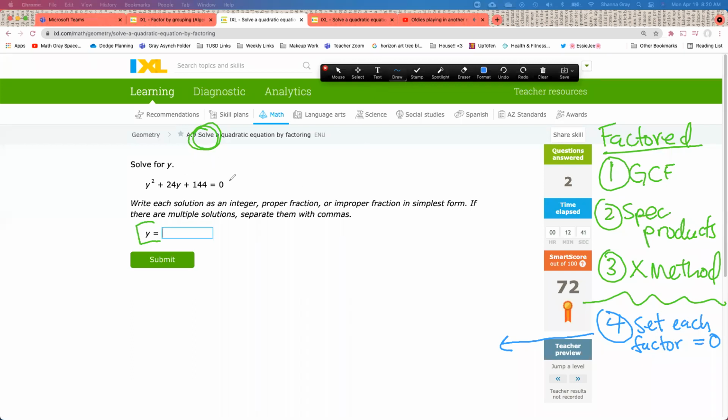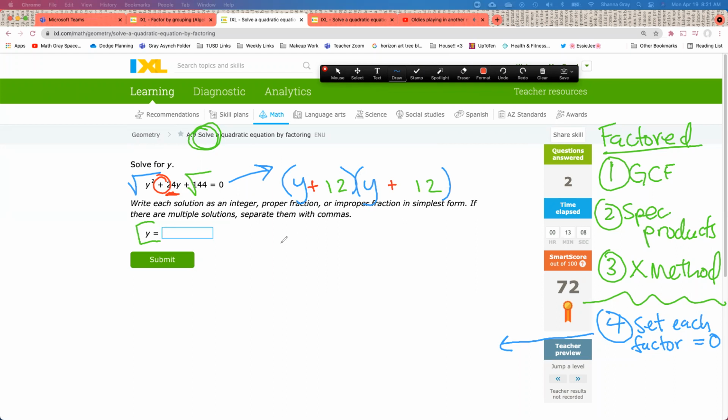The square root of y squared is y, and the square root of 144 is 12. And then I have a plus sign here in the middle, which means that these are both supposed to add up to 24, which they do, right? Because I'll have a positive 12 and a positive 12. So 12 plus 12 is going to make that 24.